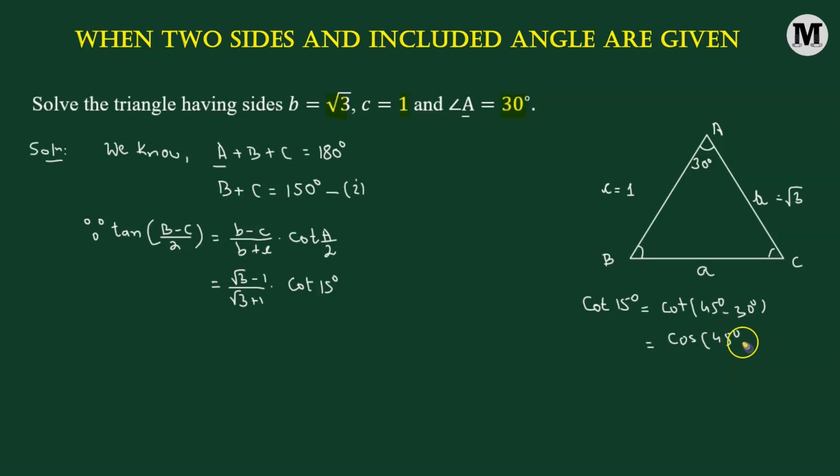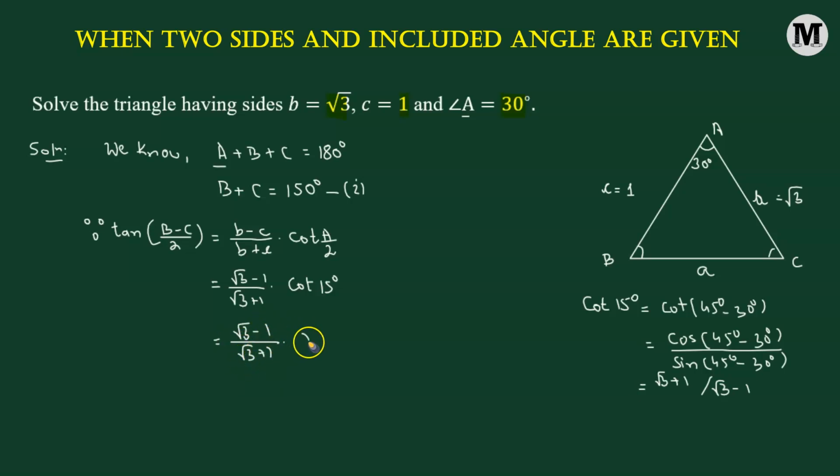So we have cosine of (45 minus 30) degrees over sine of (45 minus 30) degrees. Expanding both, the numerator is square root of 3 plus 1, and the denominator is square root of 3 minus 1.